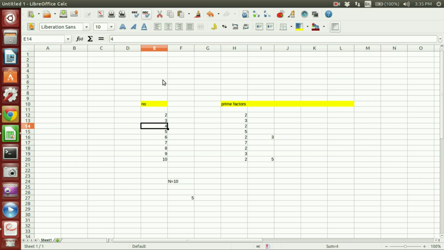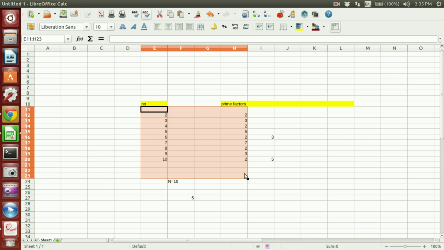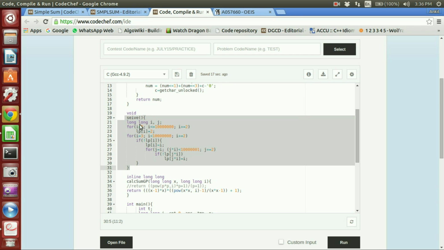Let's understand. The sieve method in short is giving us this array, that is for index 2 it's giving 2, for index 3 it is giving 3, for index 10 it is giving 2. That is, for every number it is giving the smallest prime factor.